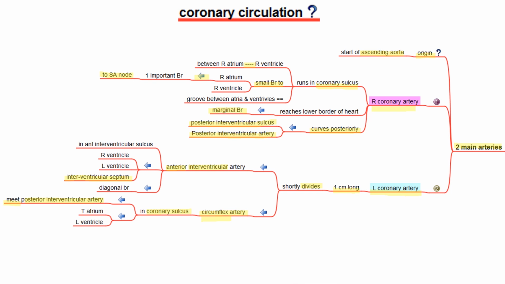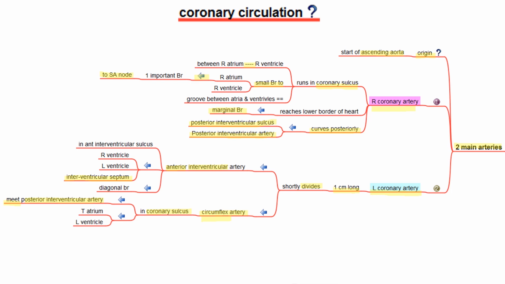Now, after running for 1 centimeter, it is going to continue as the circumflex artery. What does circumflex mean? It means that it is going to travel along the circumference of the heart. Where do I look for it? Of course, it's in the coronary sulcus. And where does it end?